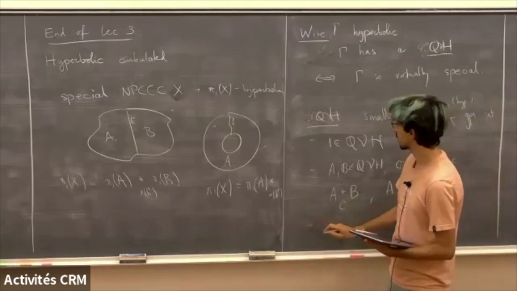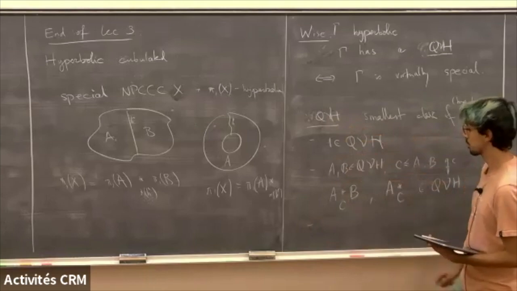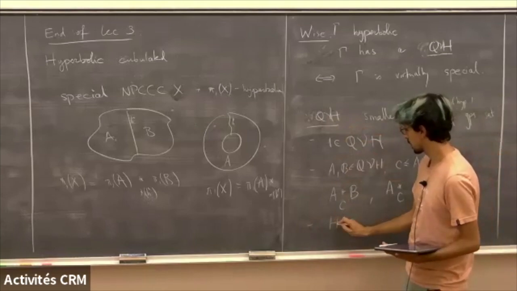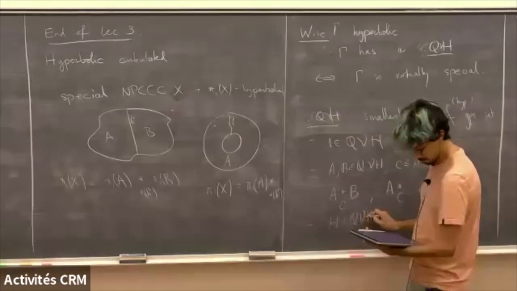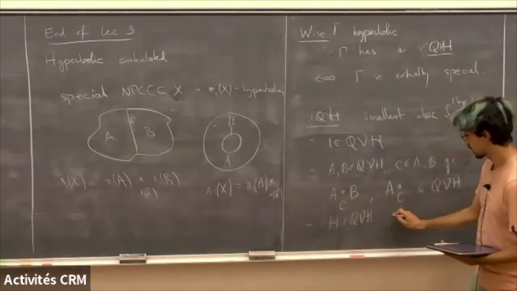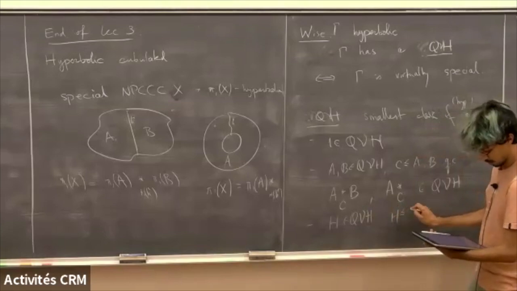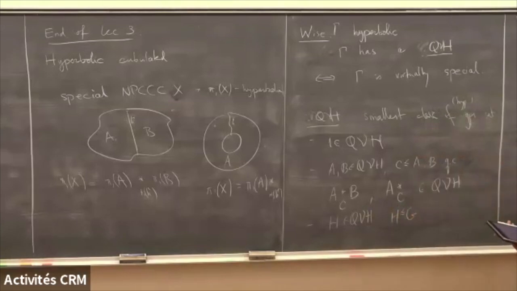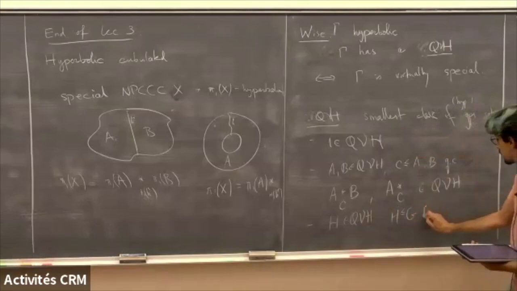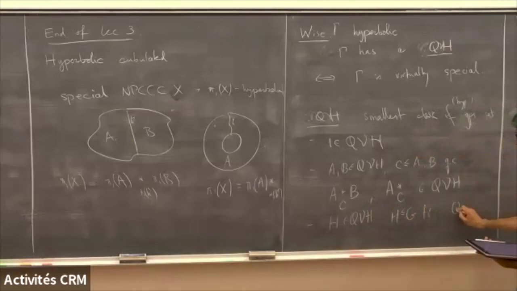And finally, there's this virtual condition, which means that if H is in here and H is a finite index subgroup of G, then G should be in the class as well.